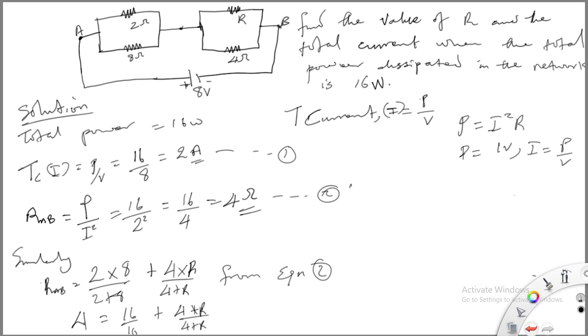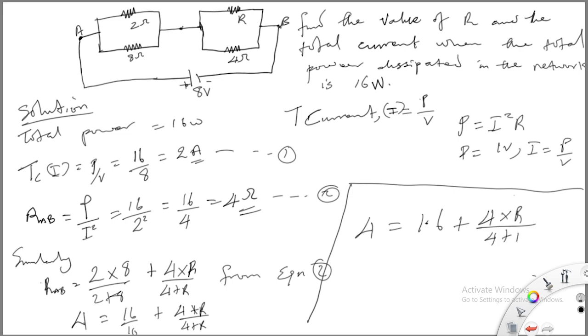Alright, let's go this side, which we have 4 is equal to 1.6, if you divide 16 by 10, plus 4 times R over 4 plus R. I hope we're progressing.